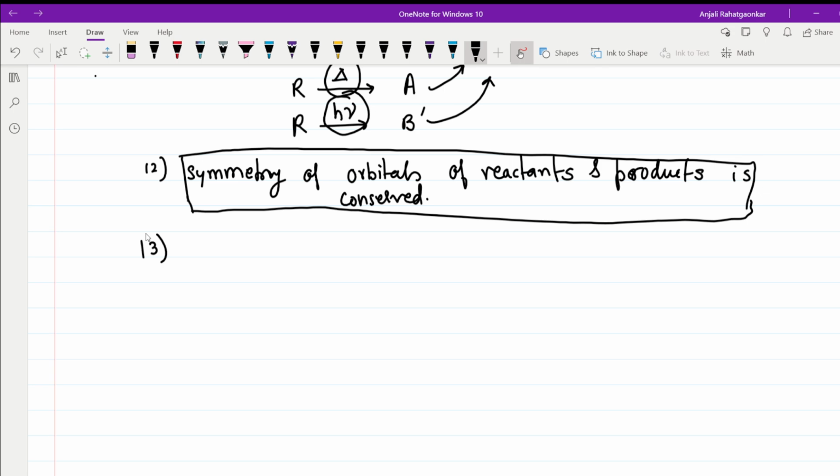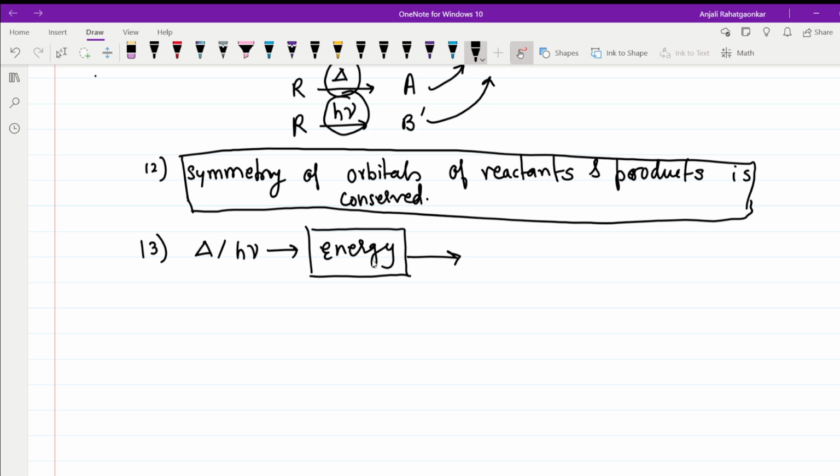So let us see the next feature of this extremely important aspect, that we know that both delta and h nu, they are the energies. But this energy term is not sufficient to explain the mechanism, because delta is a different source and photochemical photolysis is a different source.